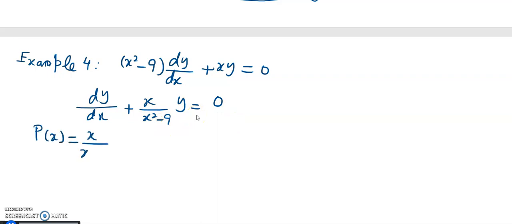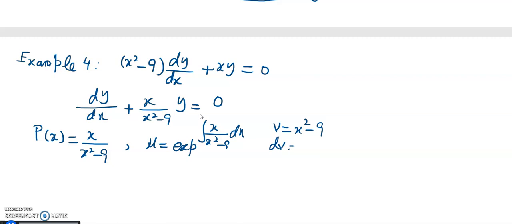For the integrating factor, the integrating factor is the exponent of the integral of x over x square minus 9 dx. Okay, so we need to find the integral. This integral is easy because half of the chain rule value of x square minus 9 is present over here. So suppose v is equal to x square minus 9, so dv will be equal to 2x dx.